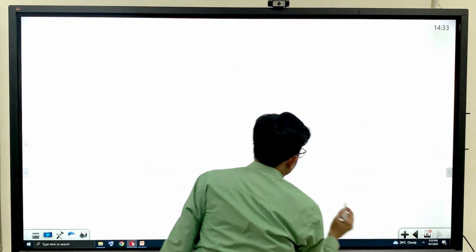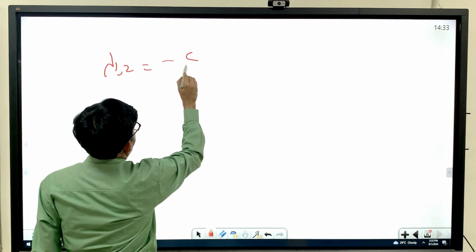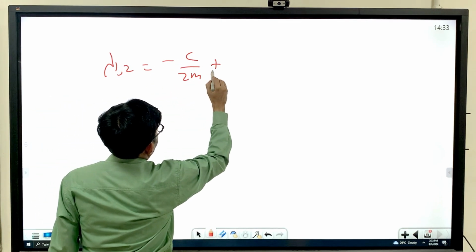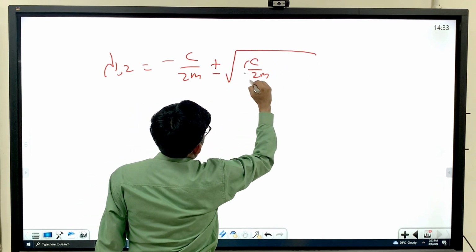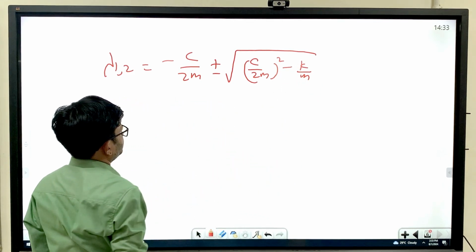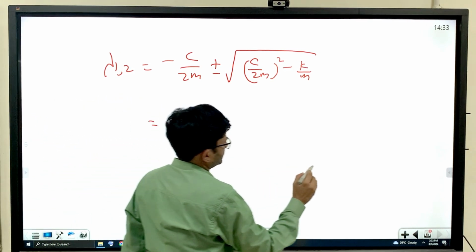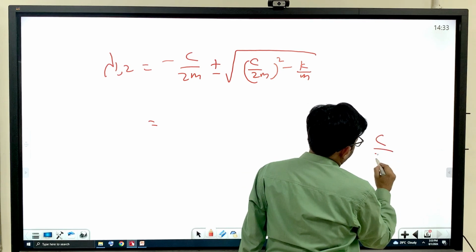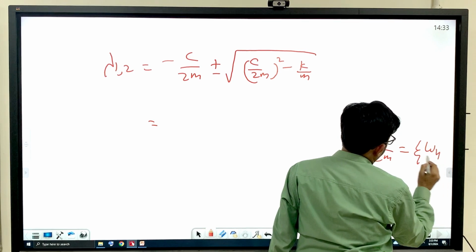Okay. So lambda 1, 2 equals minus c by 2m plus minus under root c by 2m whole square minus k by m. Perfect. And we have established the relation that c by 2m is zeta omega n.